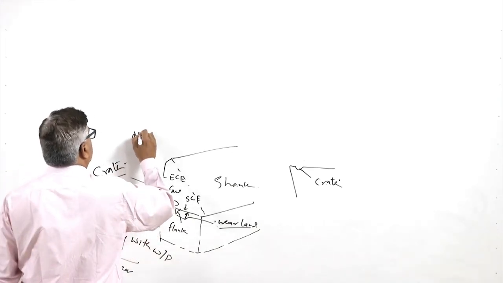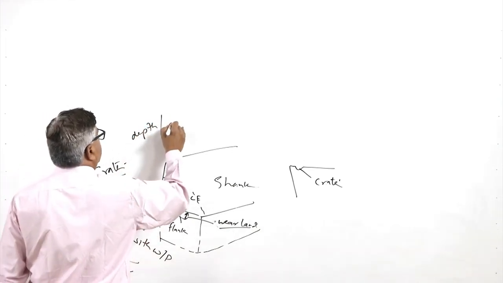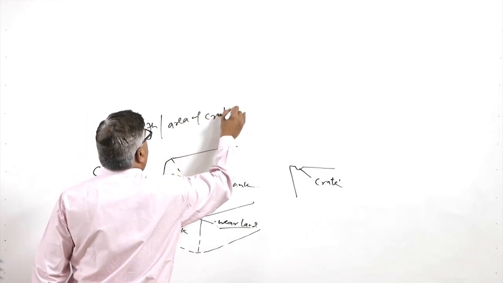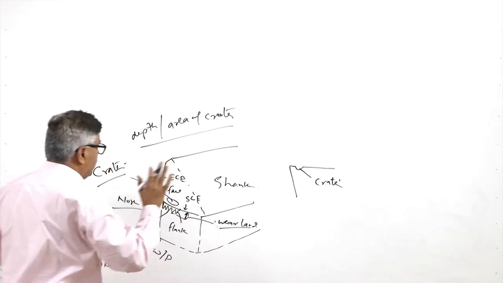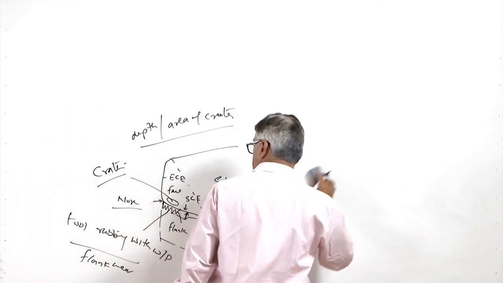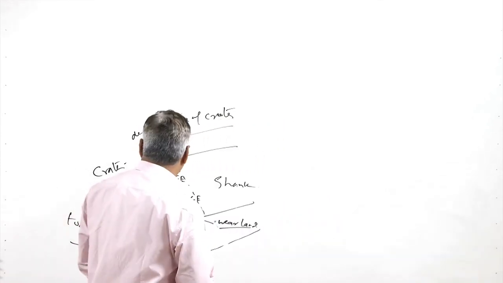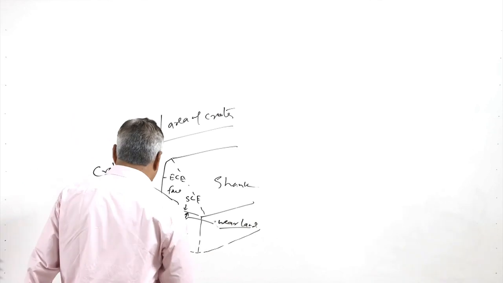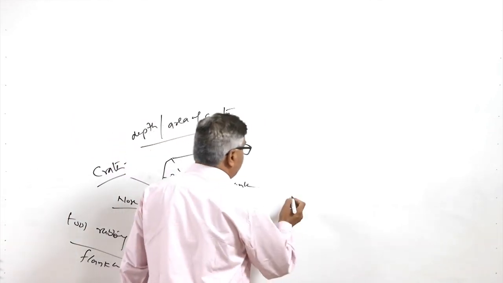So, the depth of the crater as well as the area of the crater are both used to characterize the wear due to the crater, or the size of the crater. Mostly the work has been done to quantify the tool wear using the flank wear.